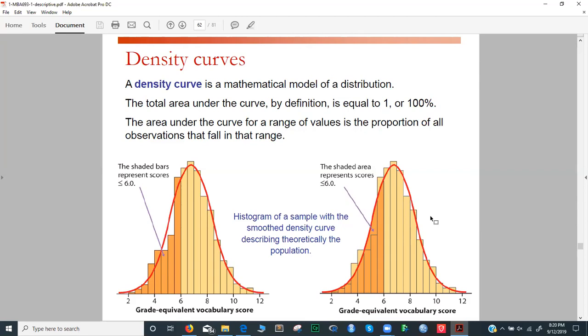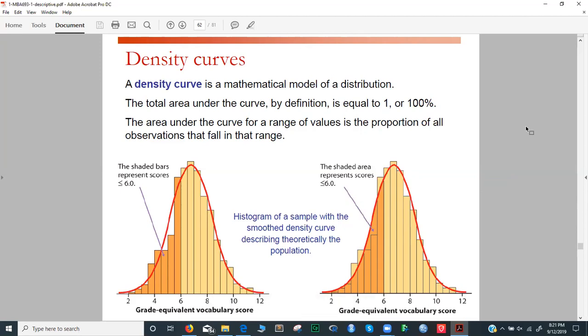So a density curve, on a high level, is the area that's represented under the curve, that red part. You may recall from prior training that the area under a normal curve equals 1, which means that if we split the curve down the middle, the left-hand side equals 0.5 of the total area.